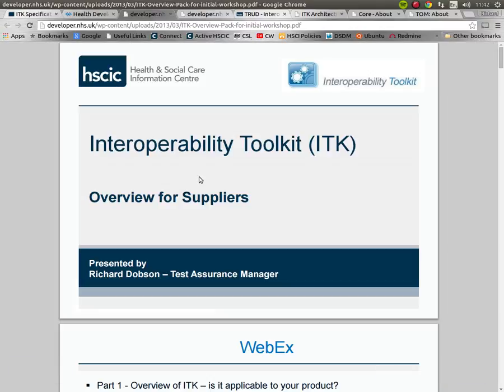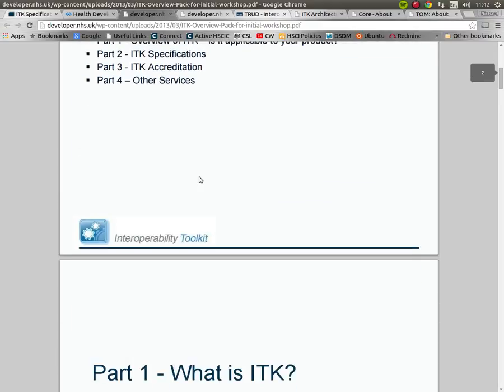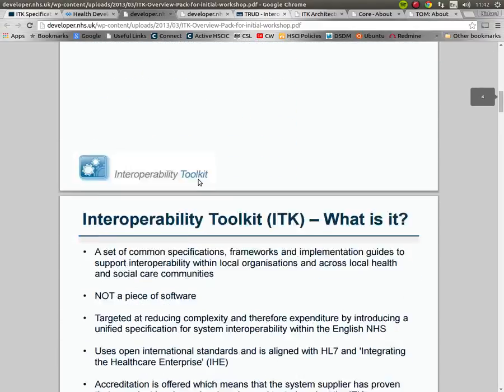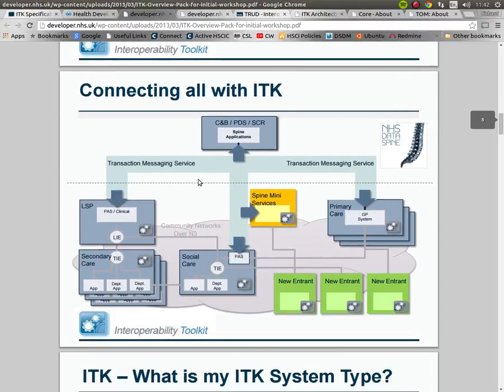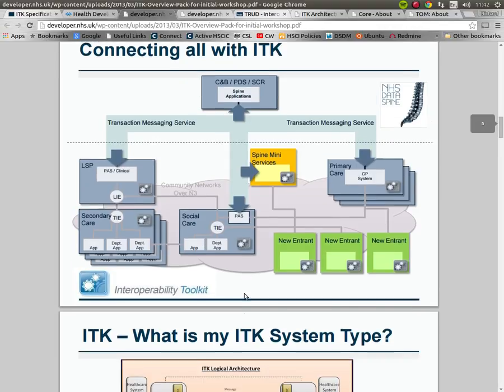So these are quite useful. I think they certainly help explain and position ITK. They reference what was once termed the connect all strategy. I think it is very much something that is trying to be achieved, and that's detailed here, showing you where ITK fits, the fact that it's very much focused around technical interfaces.